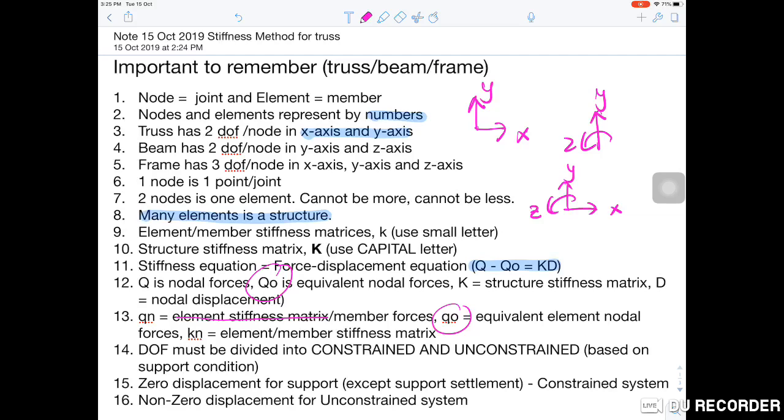That is why in capital Q0 here there is no word element, but for small q0 it has the word element, because the small letter represents the element. kn means k1, k2, k3 and represents the number of elements in the system. It is called the element stiffness matrix.